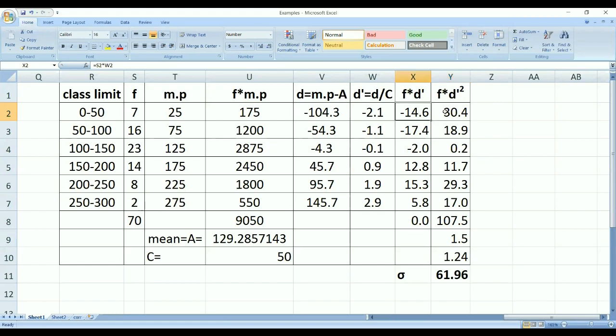See, I have multiplied this x2, right? So already f into d dash is there, so I don't have to calculate the d square again. And then what I have done is f dash d dash into again the d dash. Okay.